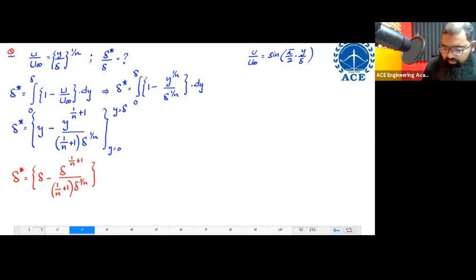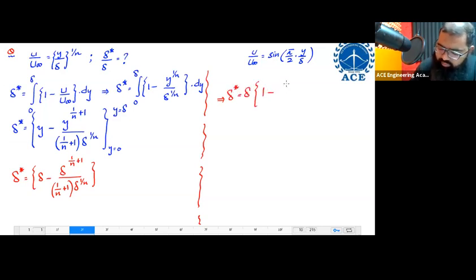Now you see delta power 1 by n and delta power 1 by n cancel off. Delta star has to be equal to, delta is common, 1 minus 1 upon (1 by n plus 1). I want delta star upon delta, so I can say delta star upon delta has to be equal to this much.